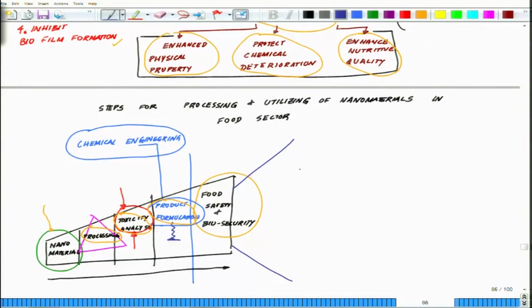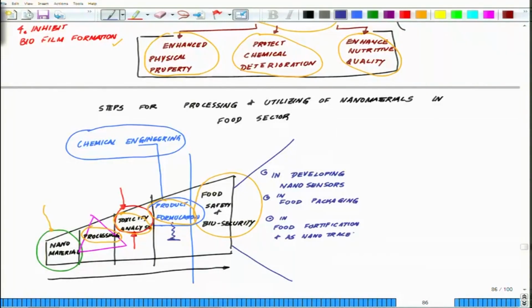So, the areas include developing nanosensors for food applications, one critical area for food processing, in food packaging, and in food fortification and as nano tracers. Okay.